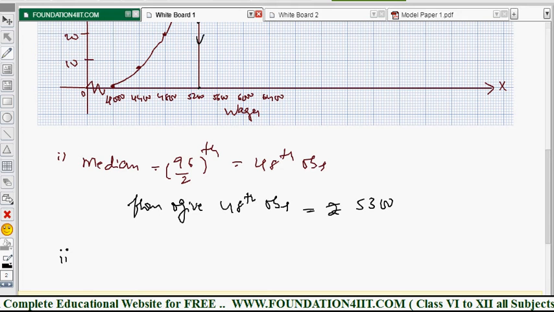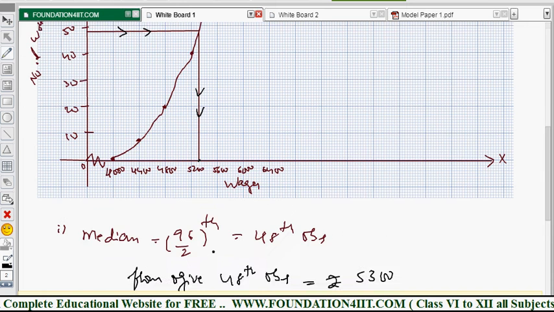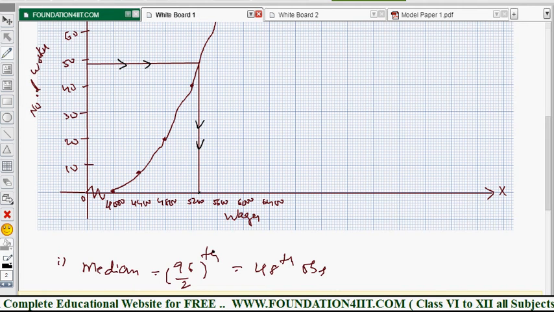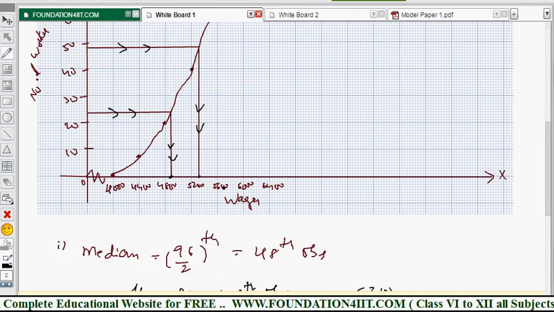Then the lower quartile is Q1, that is n by 4. That means 96 divided by 4, which is the 24th observation. From the 24th line, draw a straight line down, and where it touches the axis, take that point. Here it is around 4800 plus 40 extra, 2 more lines.